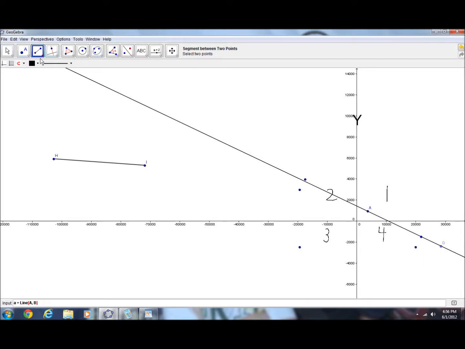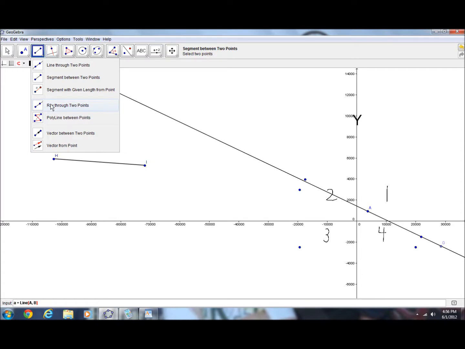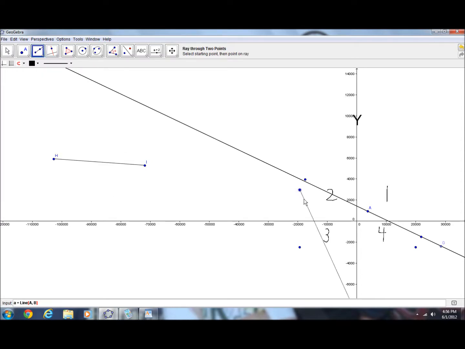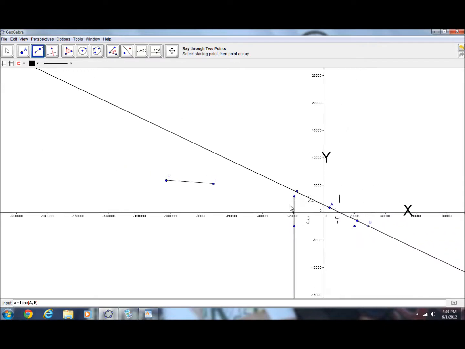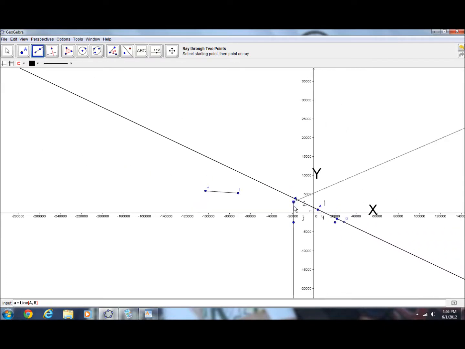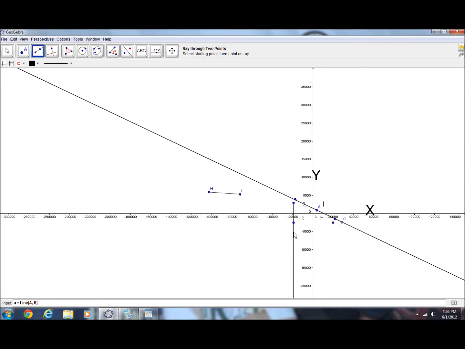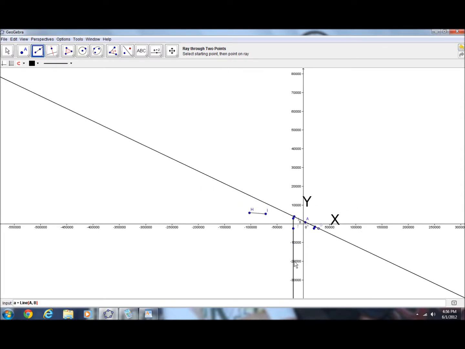Basically, an example of this would be here, in which this point right there is the end point, and this line right here is a ray.